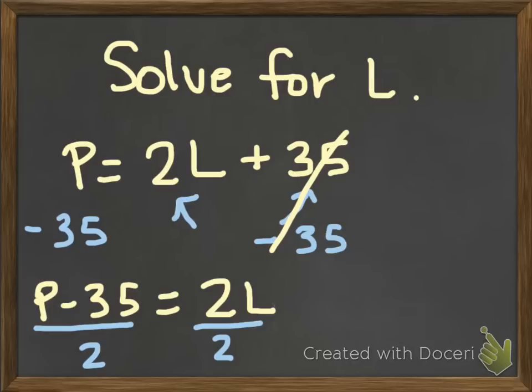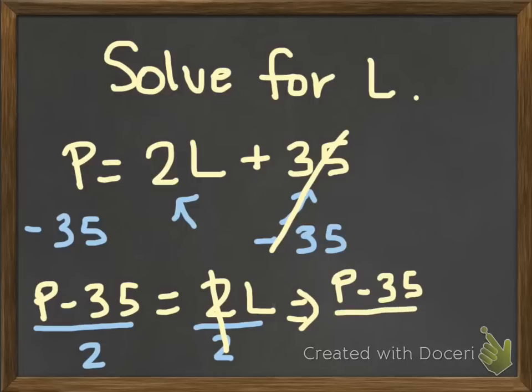When we divide both sides by 2, we end up with L, just 1L, equals this fraction. So p minus 35 divided by the 2 equals L.